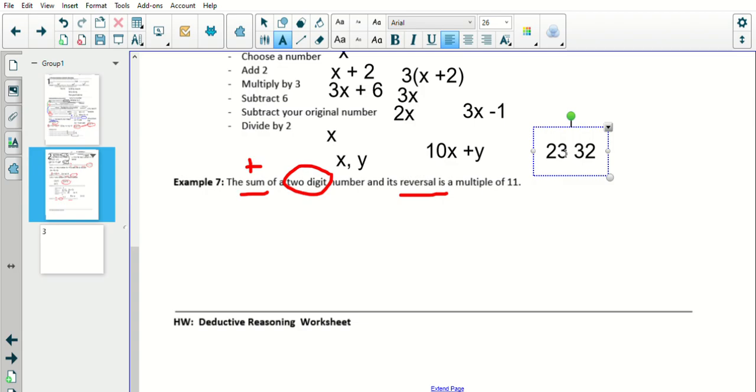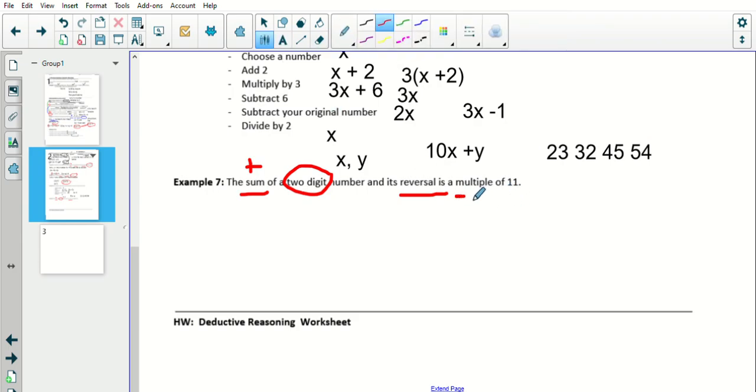Okay, we flip the two of them. Same thing if I said 45 and 54. Those are reversals of each other because we flip where the ones and tens places are. Okay? And the last thing it says is going to be a multiple of 11.